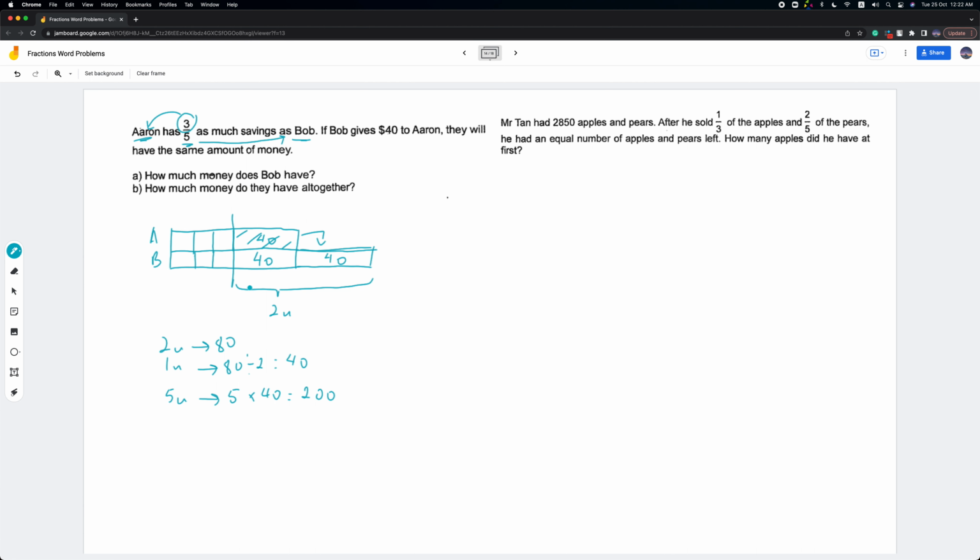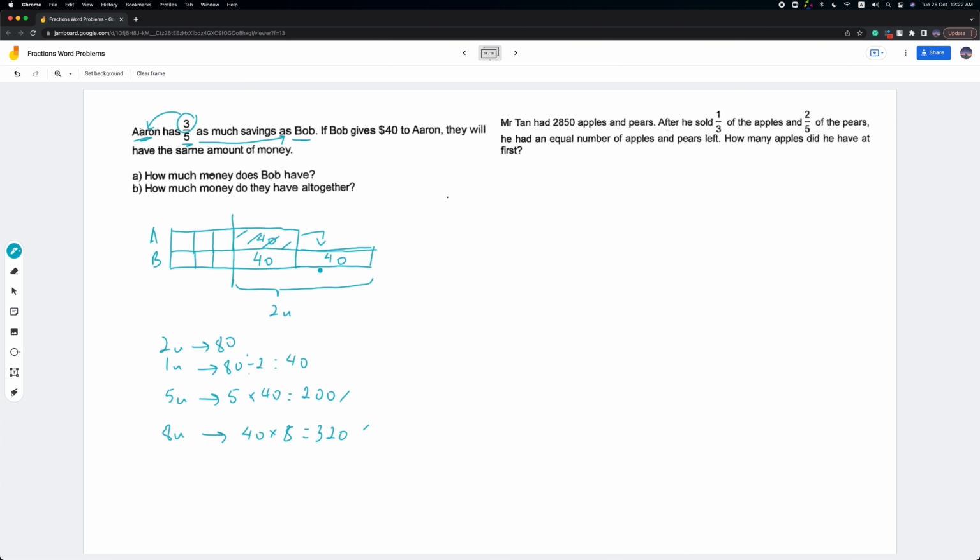Okay, how much money do they have altogether? Altogether they have 8 units. 8 units is 40 times 8, which gives us $320. So it's quite a straightforward question if you know what you are doing with the model.